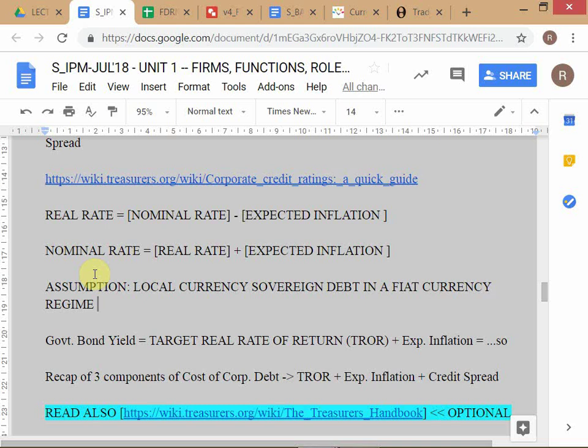So are you following what is meant by a fiat currency regime? I think the response is not convincing. You're young people, you should have more energy than this. Someone says they haven't eaten for the last 4 hours. So who's stopping you from eating? Eat anything. There's no ban on eating in my class. There's only a ban on talking. You can do anything without disturbing anybody.